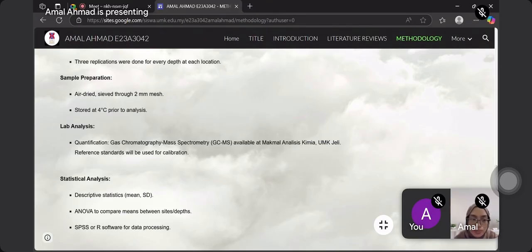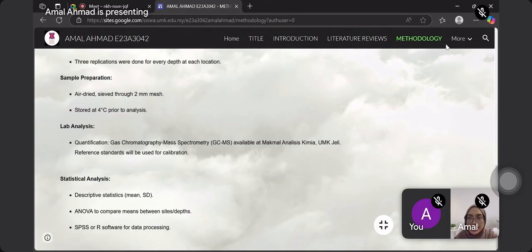Reference standard will be used for calibration. For the statistical analysis: descriptive statistics, mean and SD, and ANOVA to compare means between sites or depth. SPSS or R software for data processing.